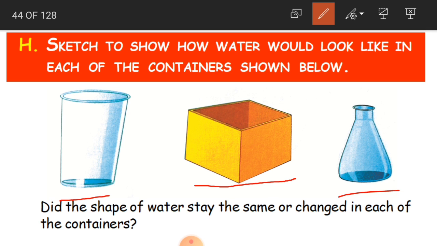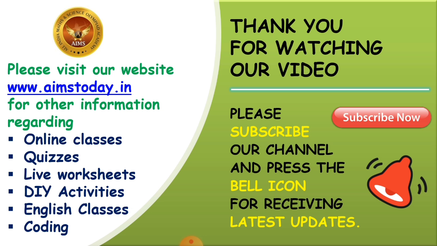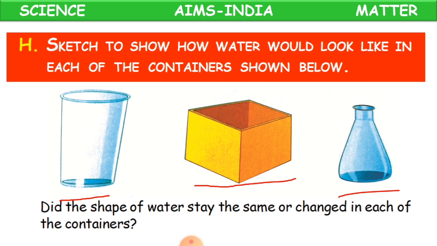Yes, the shape of the water has changed according to the shape of the container. That you have to identify here. Clear, children? So this is what we have learnt from today's lesson. We will be continuing with much more exercises and question and answers in the next topic.